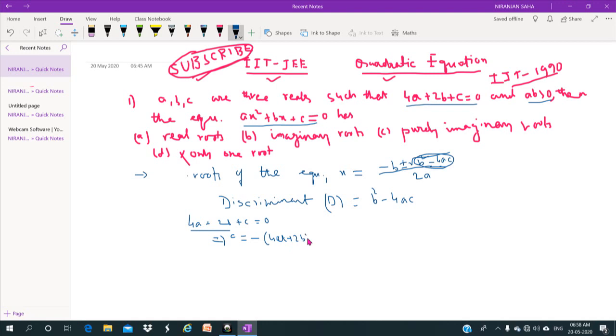If we put this here, we get b square minus 4a times minus of 4a plus 2b.